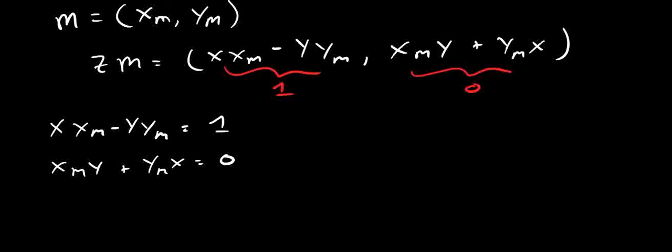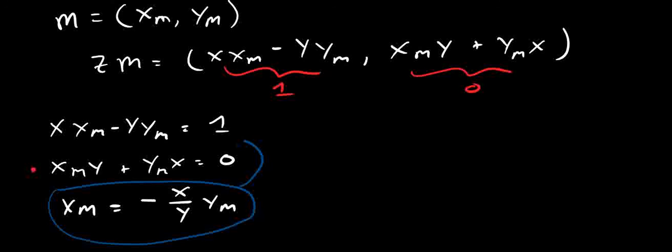So I think the simplest way to solve this system of equations is to start with this bottom equation, solve for either xm or ym, and then plug it into this top equation. So I'm going to use the bottom equation and solve for xm. So xm is going to equal minus x divided by y times ym.